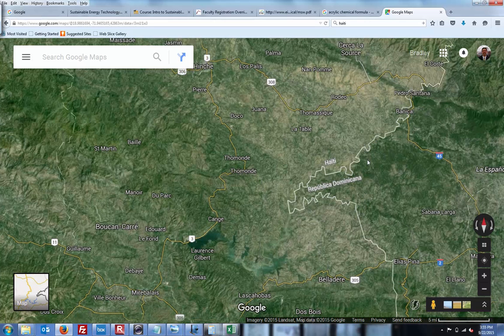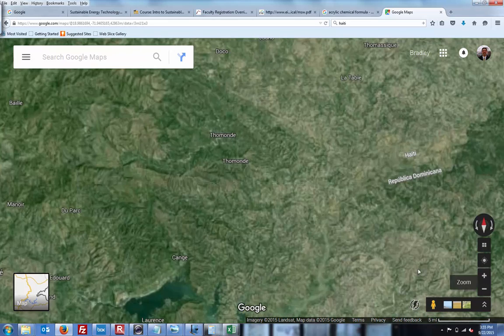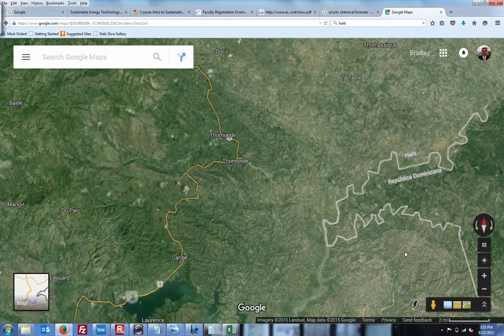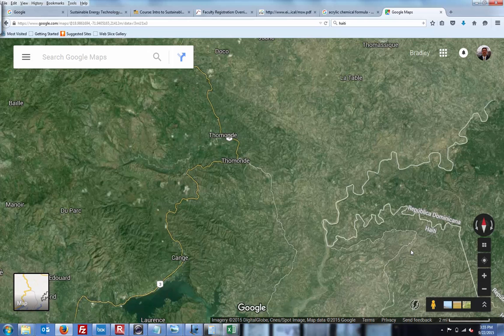and if you focus right there, it's green on one side and not so much on the other. Haiti has very, very poor forestry management policies. They've cut down forests at a rate that they've actually lost a lot of topsoil. They're making charcoal and what have you, but at a rate that's just unsustainable.